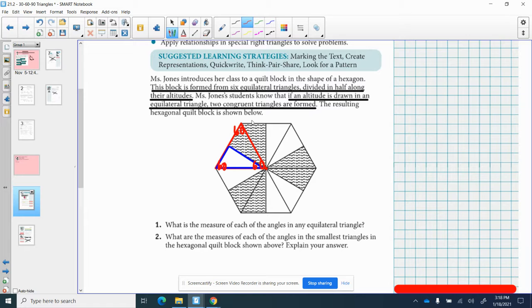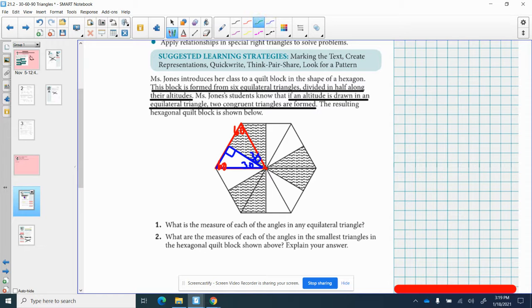In this blue triangle specifically, it's cutting our equilateral triangle in half so that each piece would be 30, since the angles are congruent in this piece that we're drawing in that is perpendicular to a base. So we have this 30, 60, 90 right triangle that we are going to focus on.